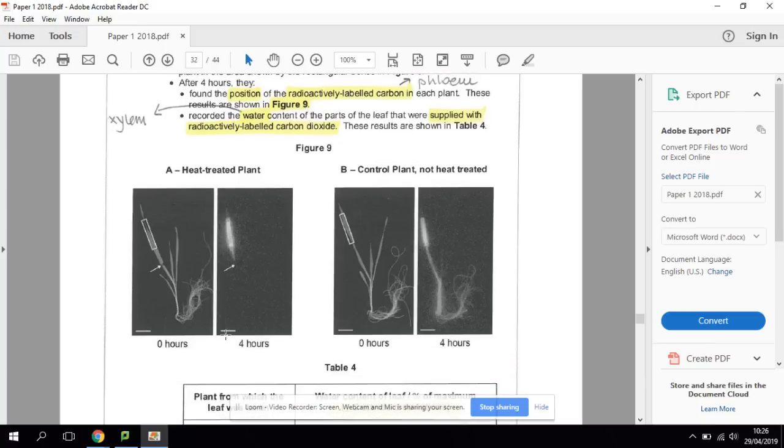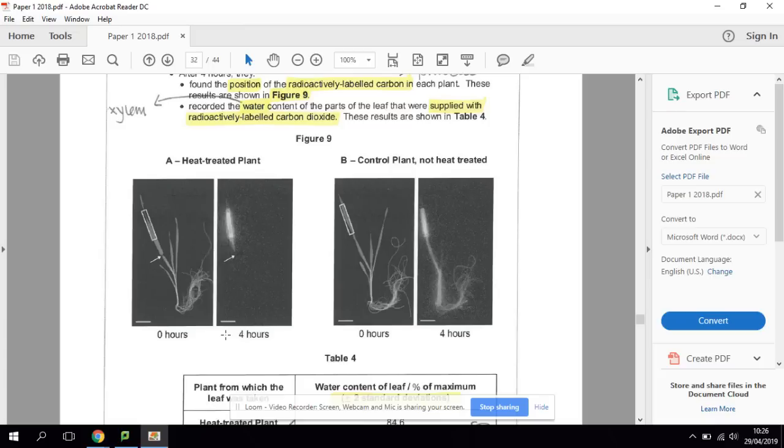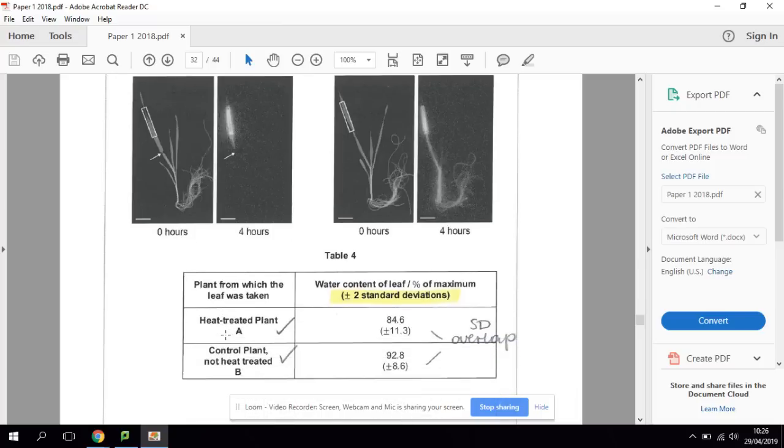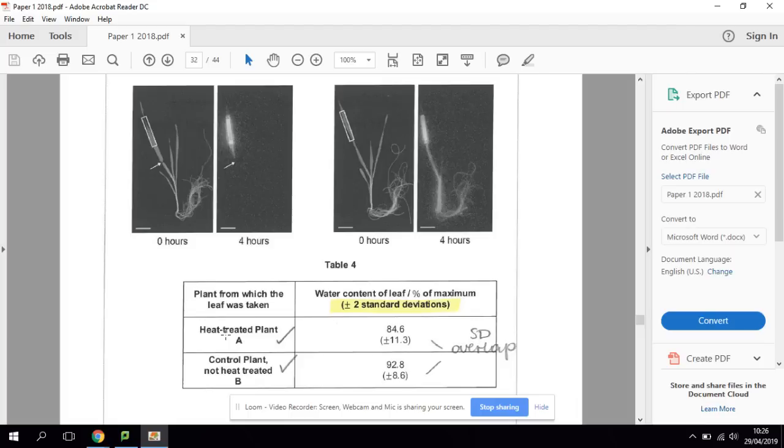So we've got the control group, and then we've got the heat-treated plant, 0 hours, 4 hours, and we've got the table that shows you the water content of the leaf. So the water content of the leaf, difference between A and B, but also you've got the standard deviation. Any question, any table or graph with standard deviation means they want you to use this information. So in here we've got the fact that they overlap. If they overlap, that means there is no significant difference between those.